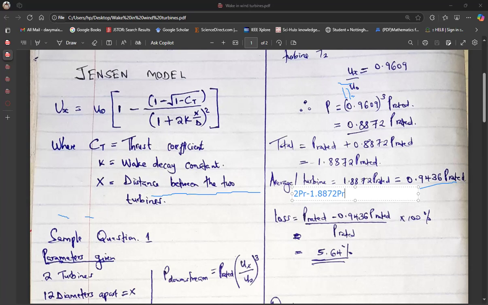And then all this we divide by 2P rated, because it is the expected. And then now we multiply by 100. So this will also give you the same answer, 5.64%. So you can have the options. So you can just decide which one to use.